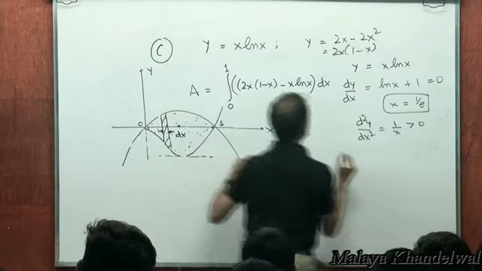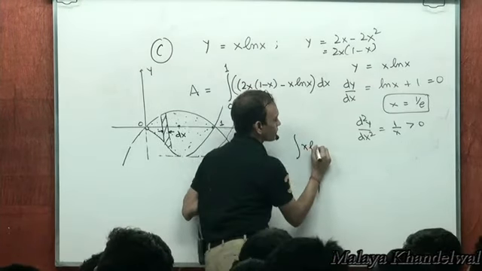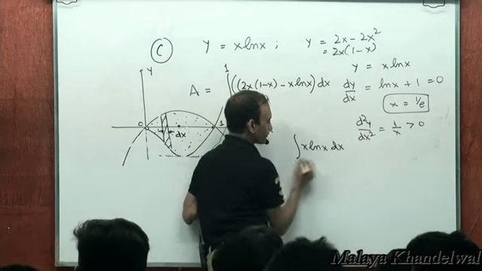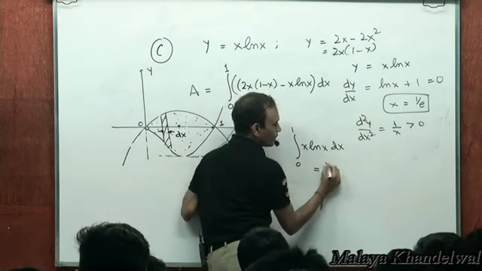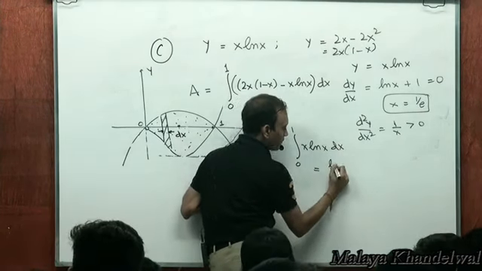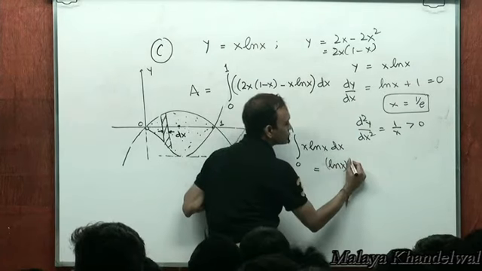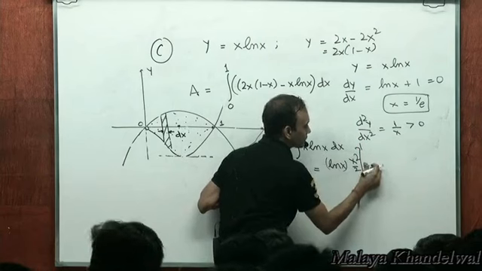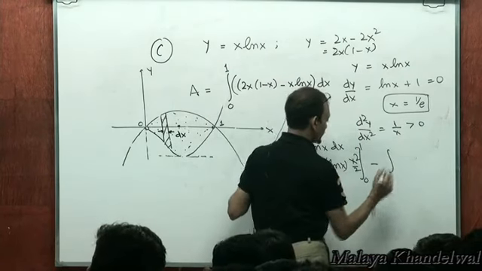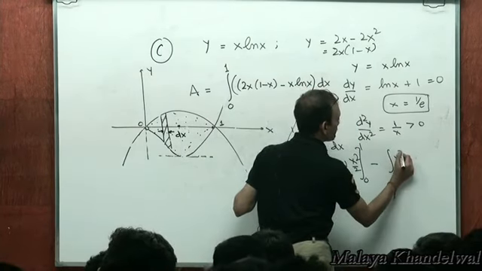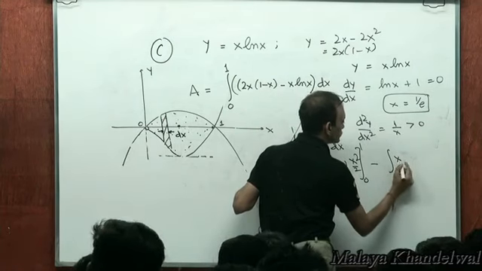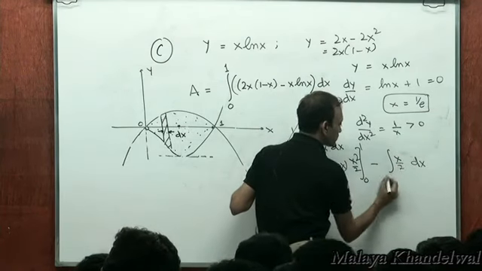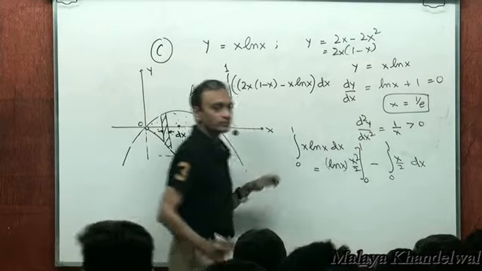So is x ln x if you integrate x ln x by parts: ln x into x square by 2, x runs from 0 to 1, minus the integral of x square by 2 into 1 by x, so x by 2 dx, x runs from 0 to 1 is what you get, right?